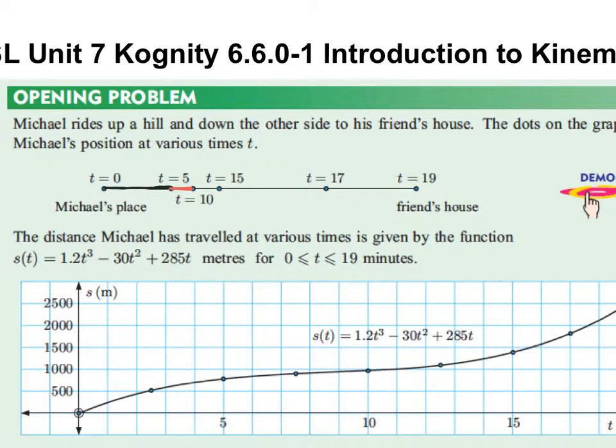Okay, he was going slower in that second 5 minutes than he was in the first 5 minutes, right? And then here, this is about the same, right? So between 5 and 10 and 10 and 15, at least as far as average speed, he was going about the same.